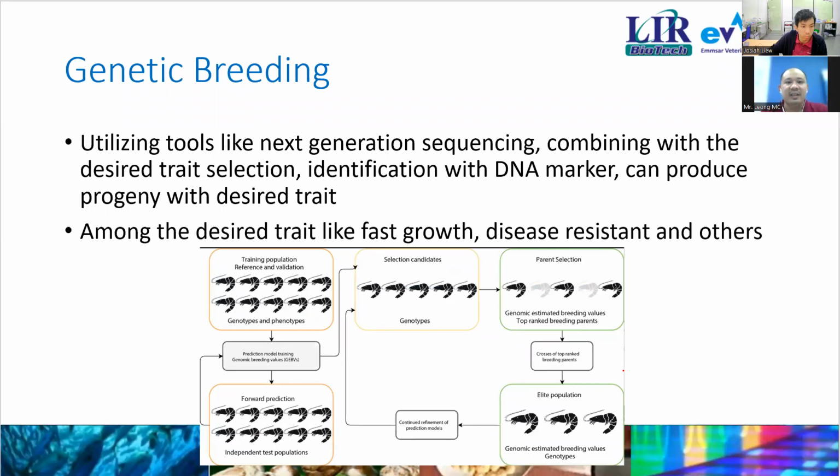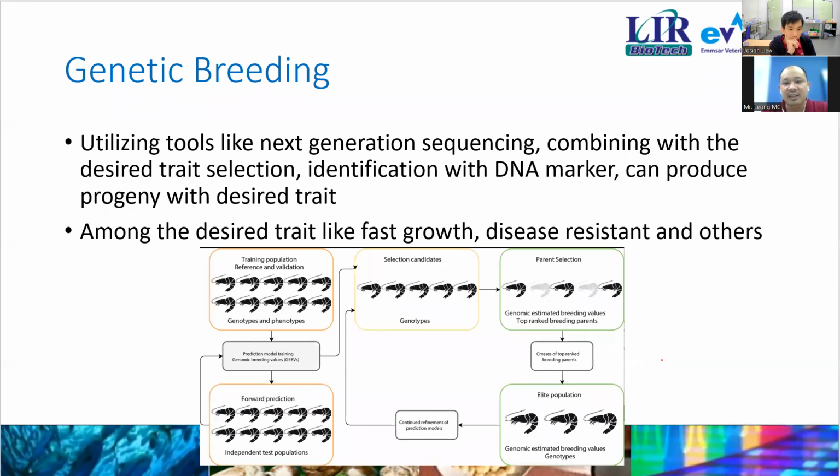So another application is genetic breeding. Utilizing tools like next generation sequencing combined with desired trait selection, we can identify the DNA marker in order to produce progeny with the desired trait. Okay, this is a comparison of genetic breeding versus traditional selection breeding.